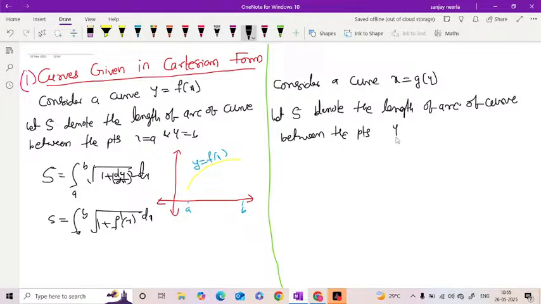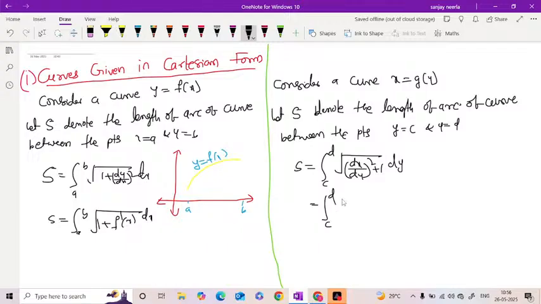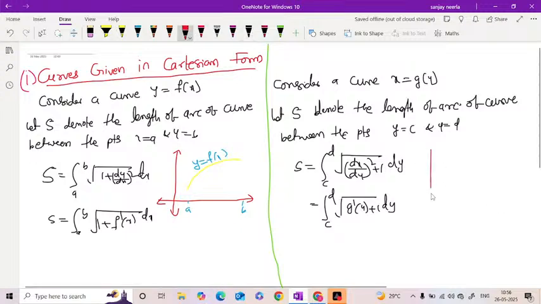So I am taking the two points, y is equal to c to d, and the length of the curve is integral c to d under root of (dx by dy) whole square plus 1 into dy, or you can write integral c to d under root of g dash of y whole square plus 1 into dy.